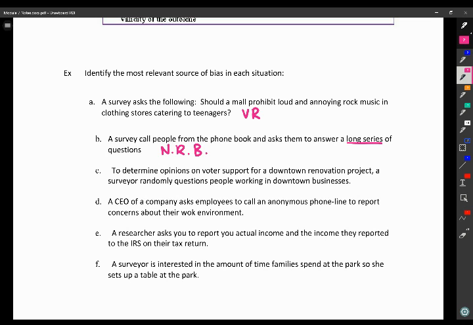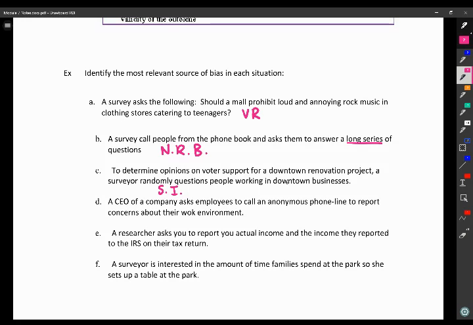C is going to be a self-interest. Well, that's supposed to say S. So this would be a self-interest bias, because depending on who you ask, if you're trying to figure out if they're going to support a downtown renovation project and you ask people in downtown, then of course they're going to say yes.